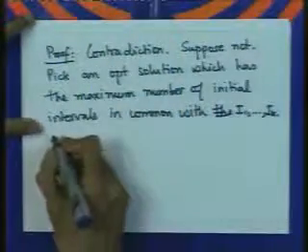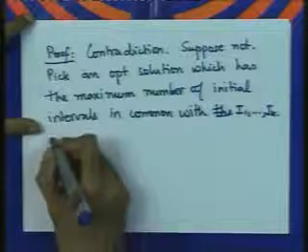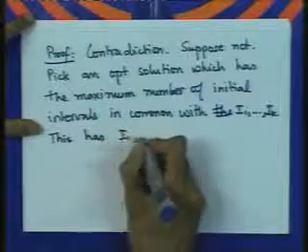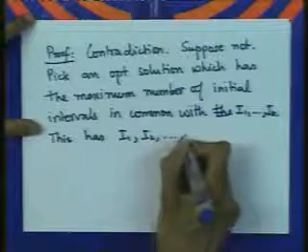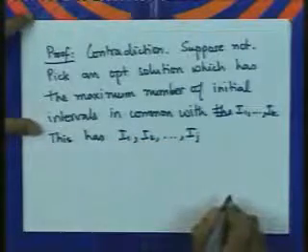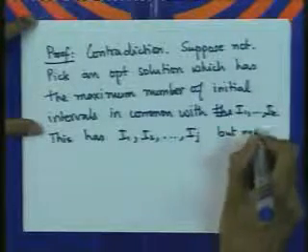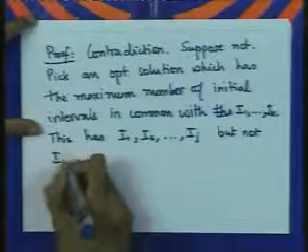So this has I1, I2 up to Ij, but not Ij plus 1.